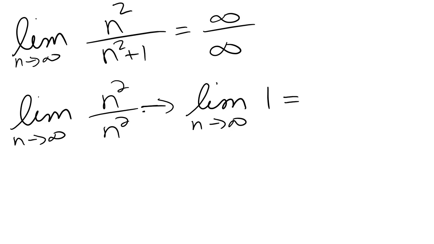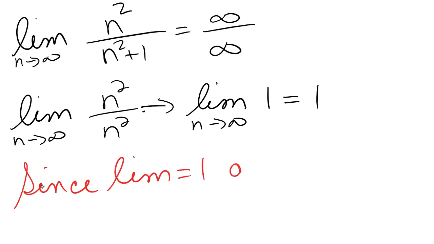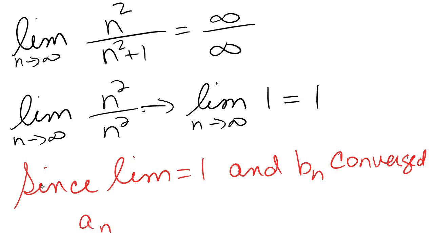The limit of 1 is equal to 1. Since the limit is equal to 1 and our b sub n converged, that means a sub n will also converge.